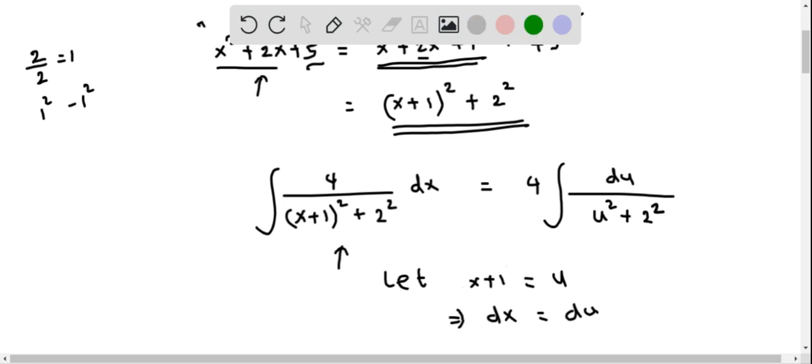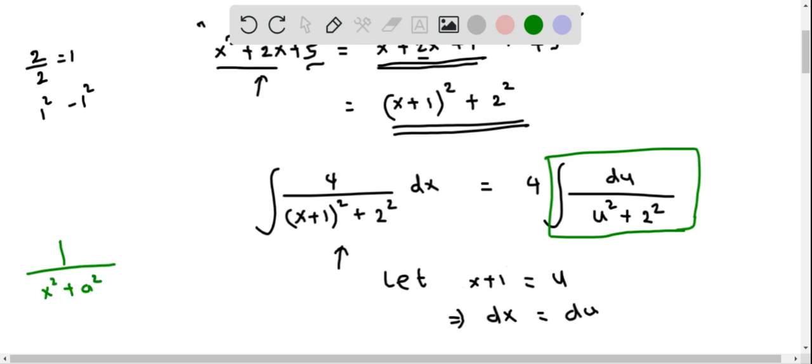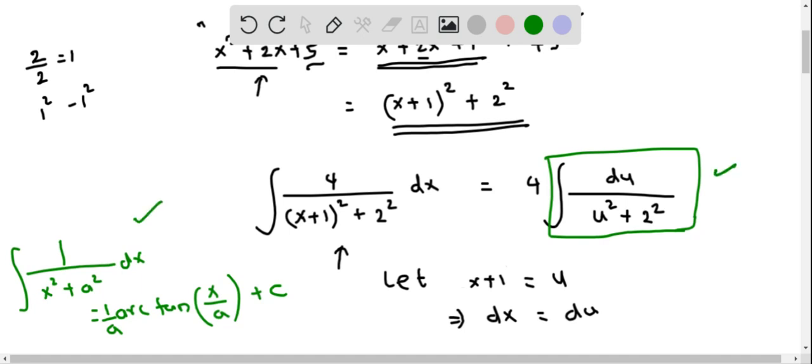Now we can use the standard formula to integrate this expression, which is in the form of 1 divided by x squared plus a squared. The integral of this is 1 by a arctan x by a plus the constant C. So we use this standard formula to integrate this expression in u.